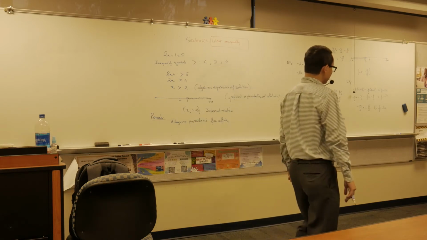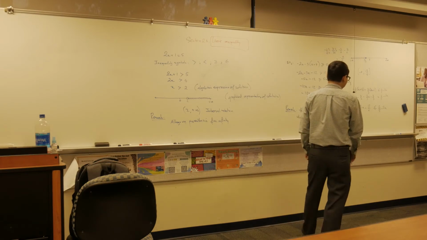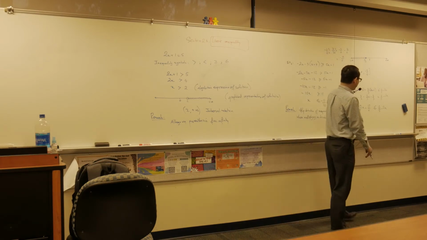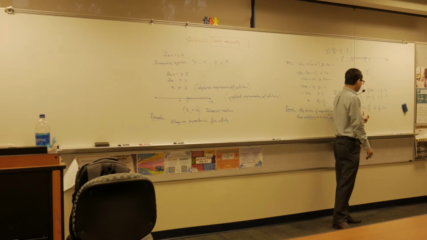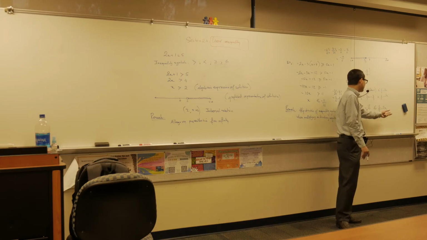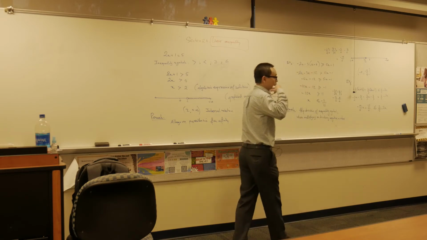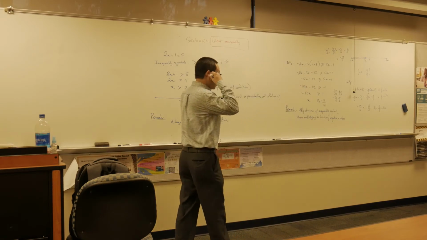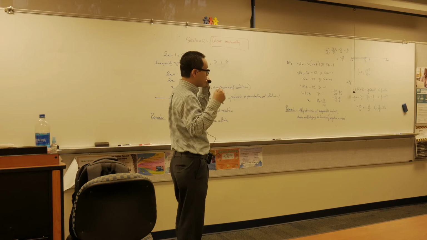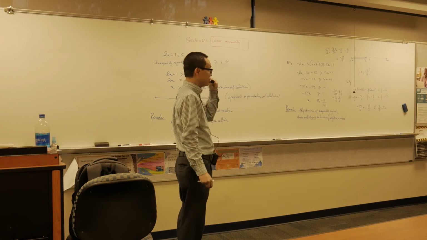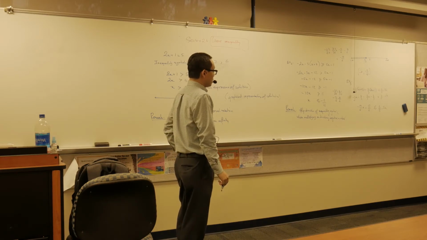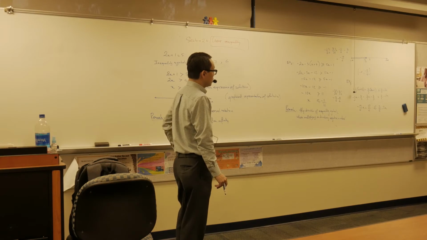Right now we already combined everything here, so we cannot do anything more here. So now we just move everything. The x should be on the left-hand side, so which one do you want to move? Negative 2x. Let's do that one first.